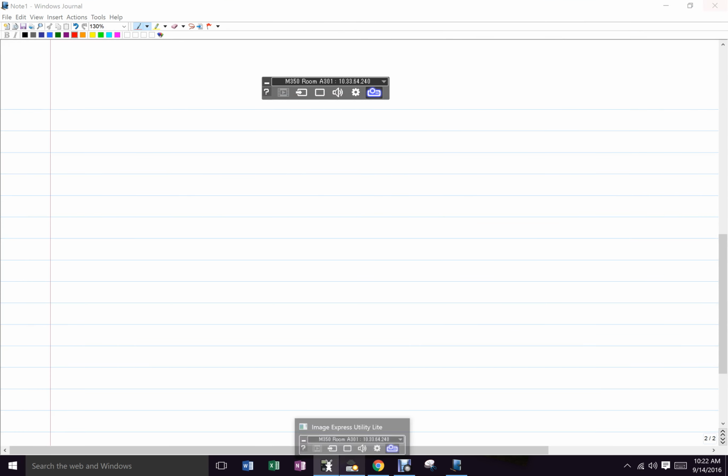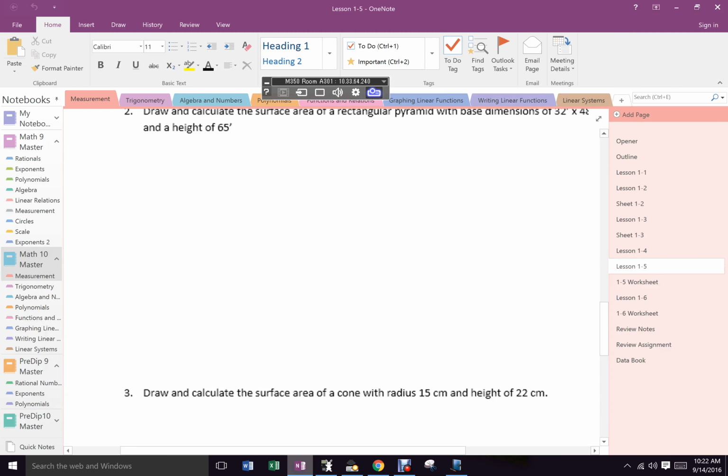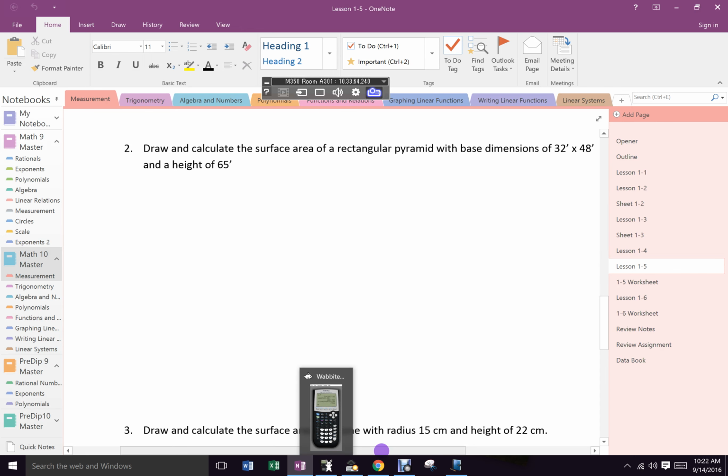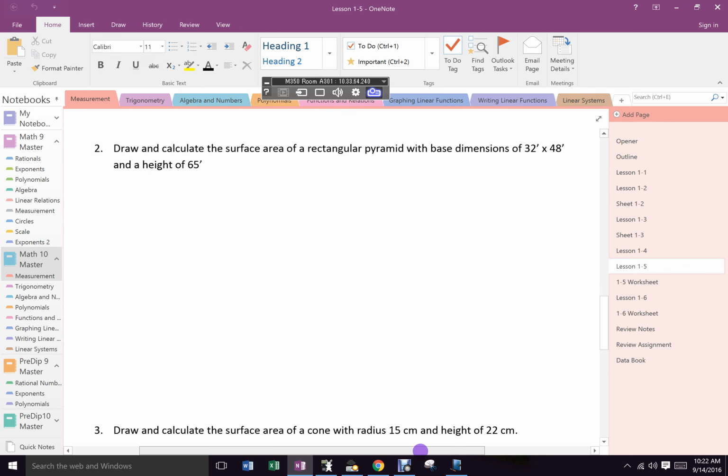What's number 2? A rectangular pyramid. Right? So I'm going to ask you to draw it. If it's a pyramid and it's called a rectangular pyramid, what must the bottom of it be?